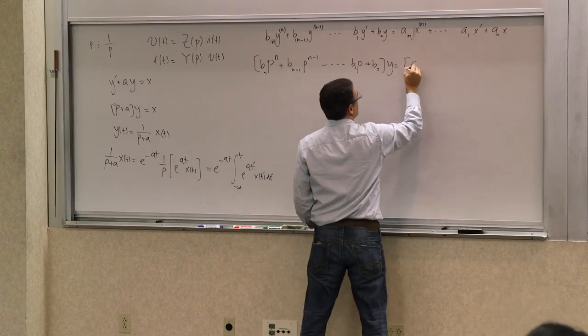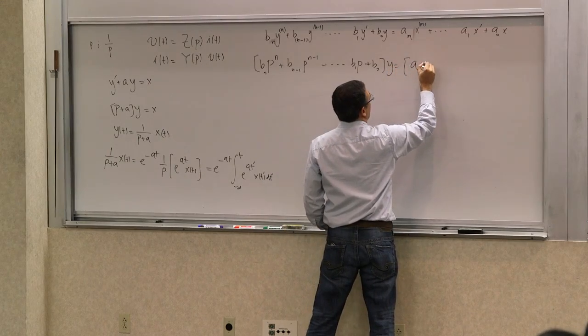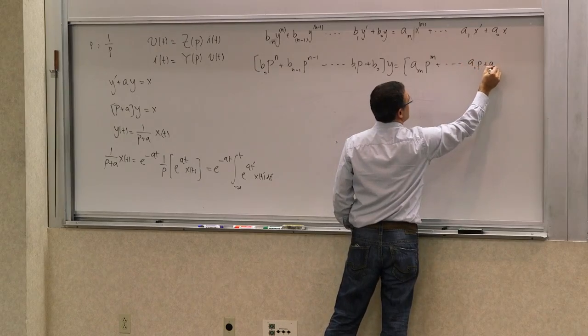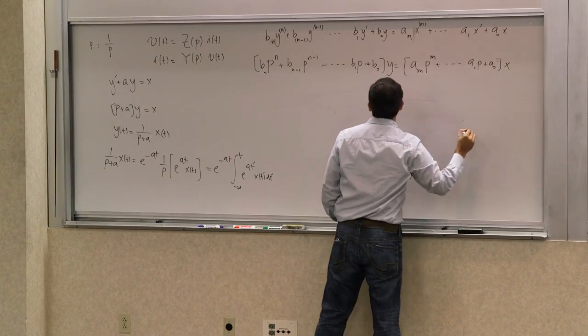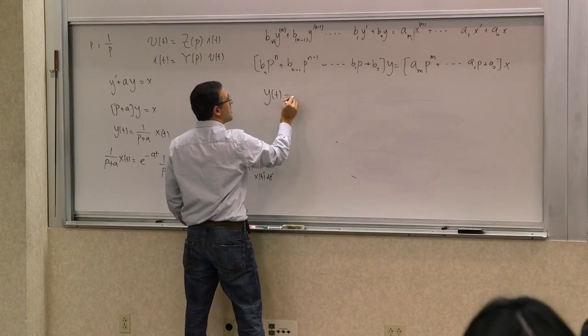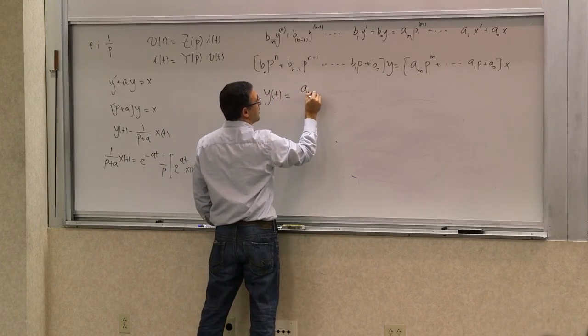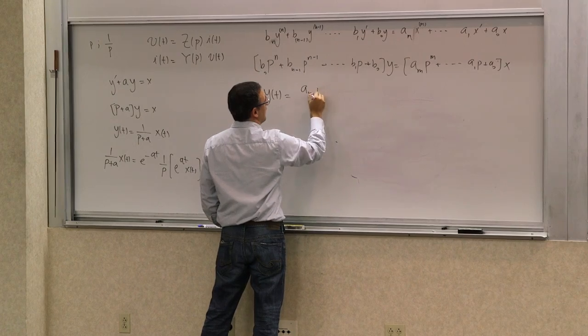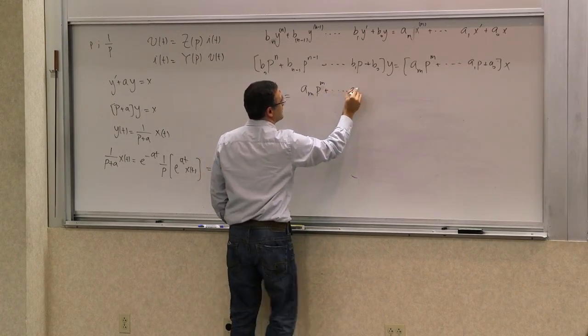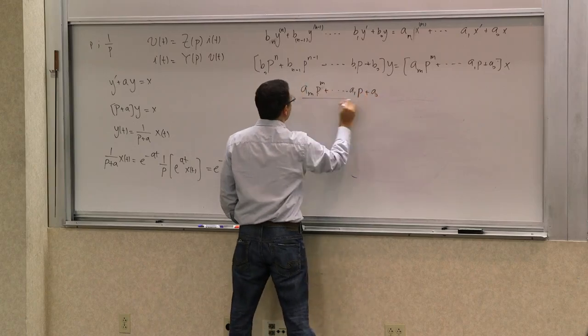And on this side also you could write am p to the m all the way to a1 p plus a0 operating on x. And from this you could see that y of t could be determined by this rational operator operating on x of t.